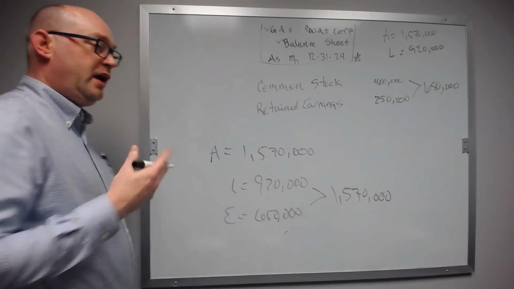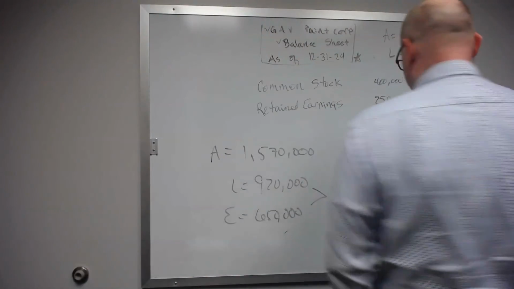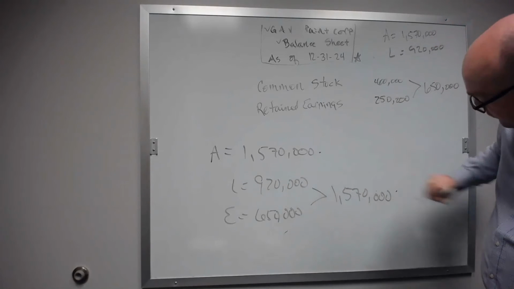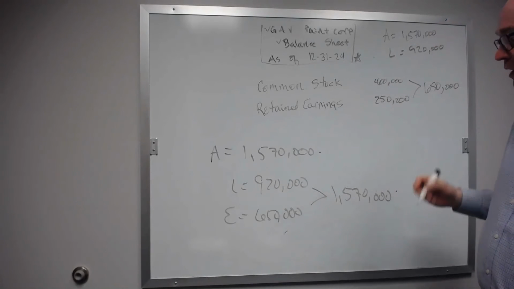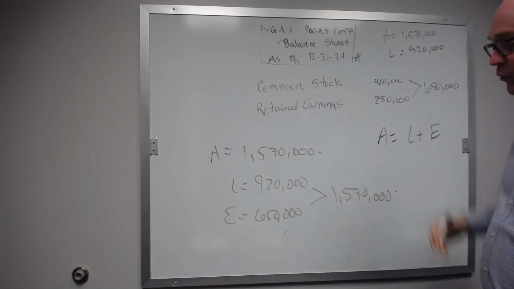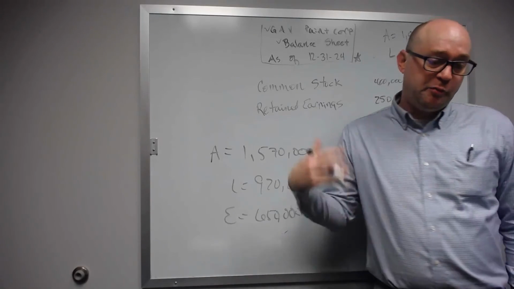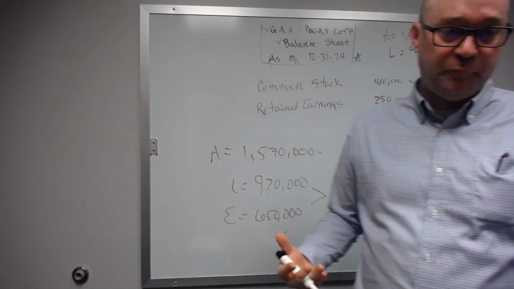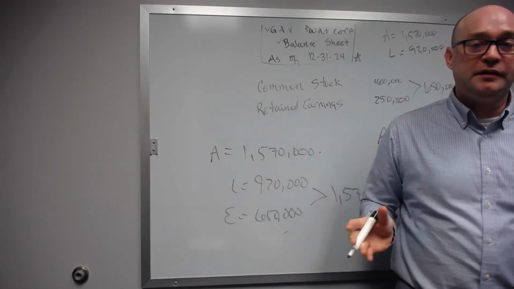Would you agree that this number equals this number? If so, then we know that A equals L plus E, and we are happy, and our balance sheet appears to be correct.